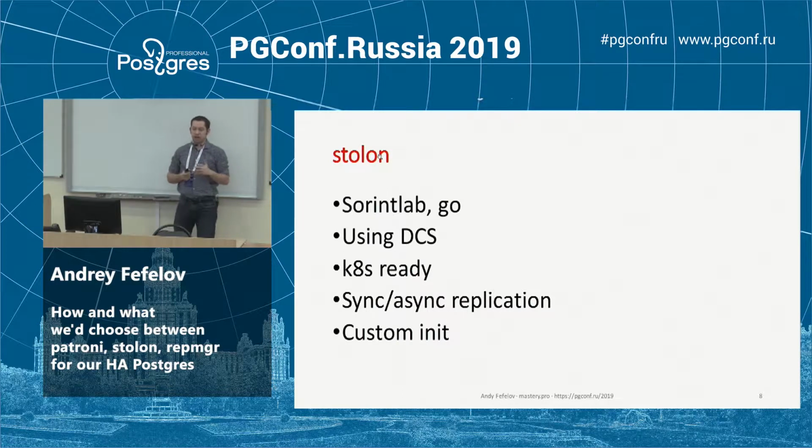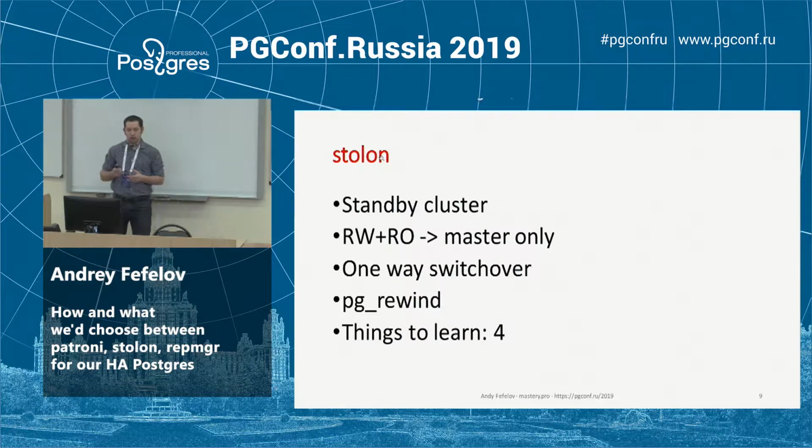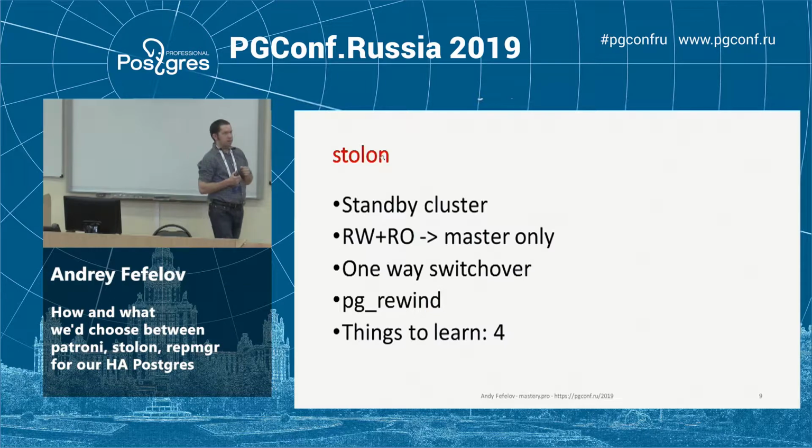Its advantages are sync and async replication, and Kubernetes readiness. You do not need to initiate the cluster with a DB program. You need to take the cluster, bring it from the backup sometimes, deploy it, and initiate it with that. Also, Stolon supports a standby cluster, which is the correct way to use the DR solution.